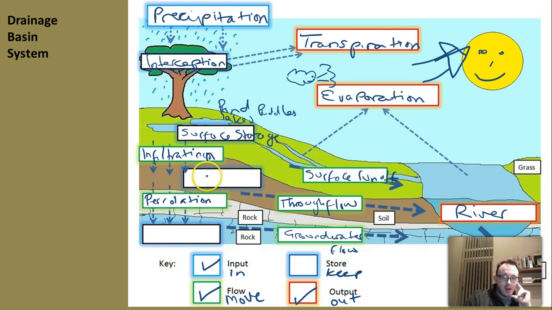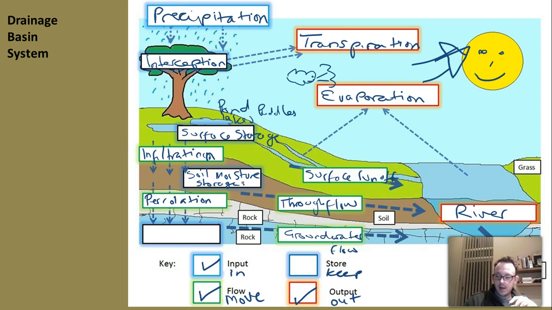Now going down again, the water is stored in the actual soil, as soil moisture. So we call this soil moisture storage. So when you dig a hole and the soil's wet, rather than bone dry, it's the water being stored as soil moisture.